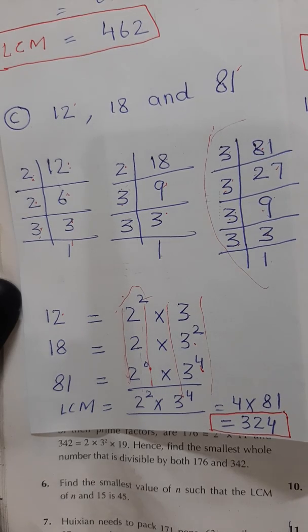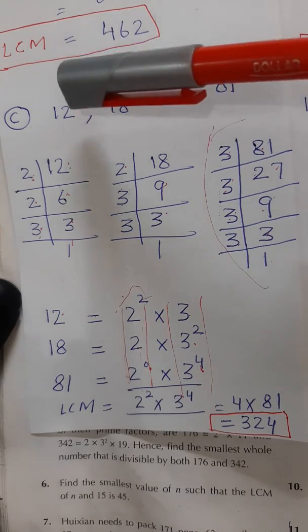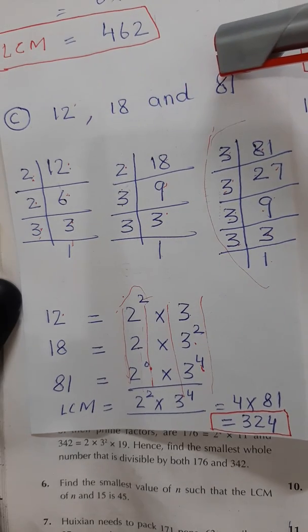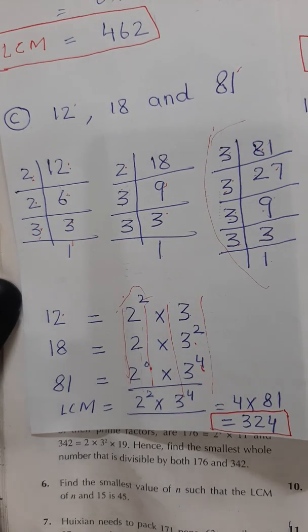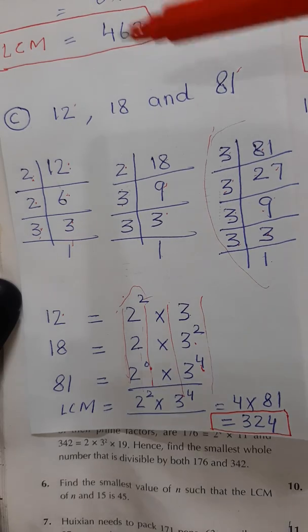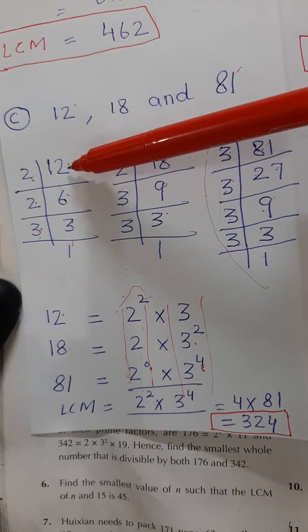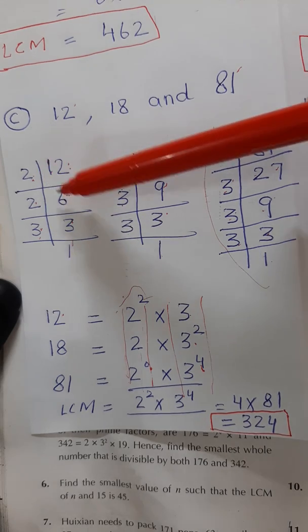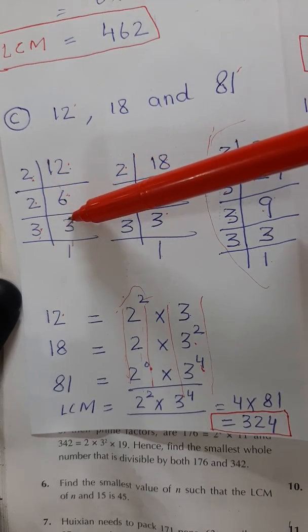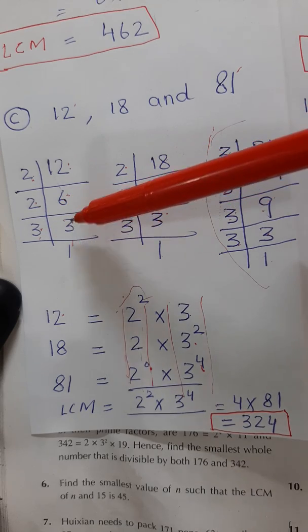In part C, you have to find the LCM of 12, 18 and 81. So do the prime factorization of 12, 18 and 81. Prime factorization of 12 is 2 times 6, 2 times 3, 3 times 1.